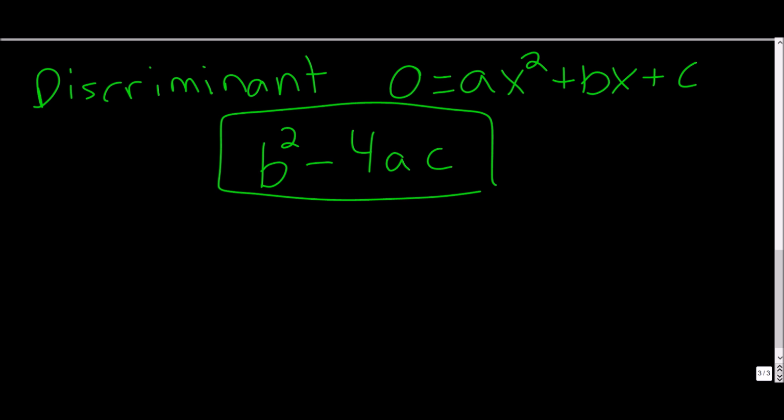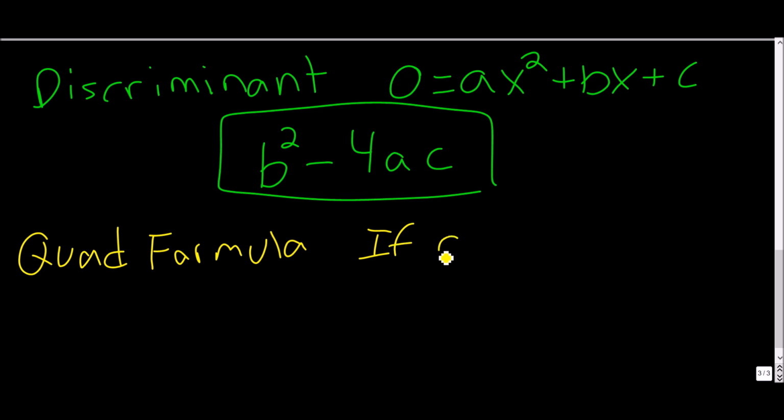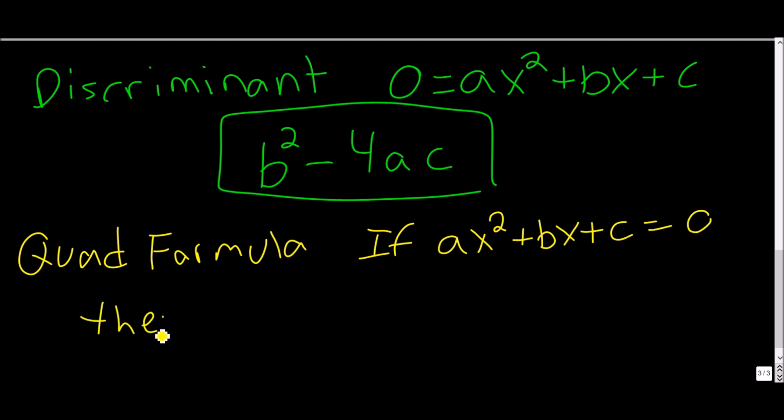Now, this discriminant also contributes to the very famous quadratic formula, which you all may or may not remember. The quadratic formula looks like this: if we have an equation ax squared plus bx plus c equals 0, then x is going to take on the following values.